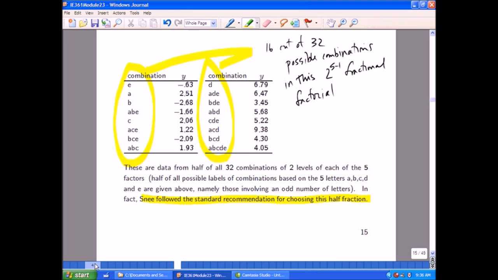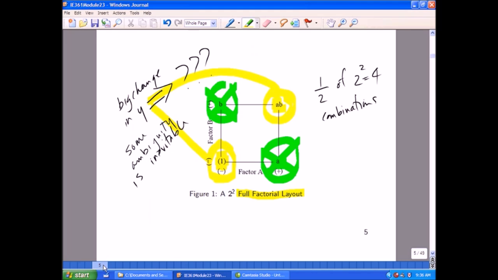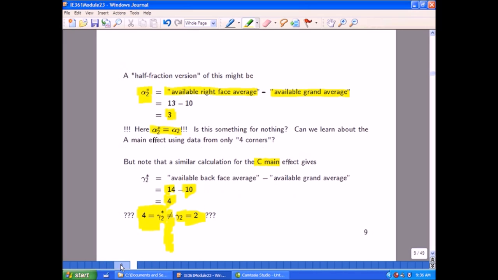By the way, if I come back to this scenario, sorry, wrong one, we'll get there.